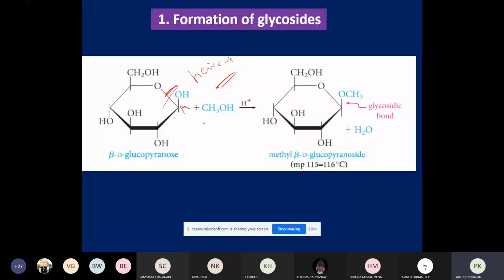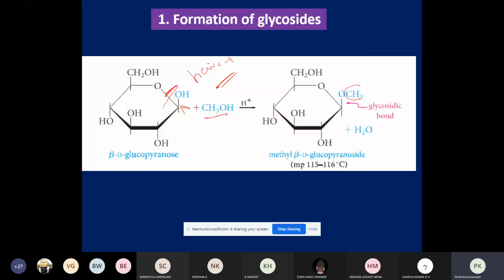When any monosaccharide reacts with alcohols, glycosides are formed. You can also see here, when beta D glucose reacts with methanol, it forms methyl beta D glucopyranoside. So here the methyl group is added. So this is known as the glycoside.